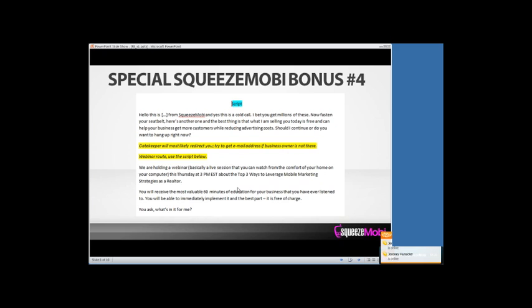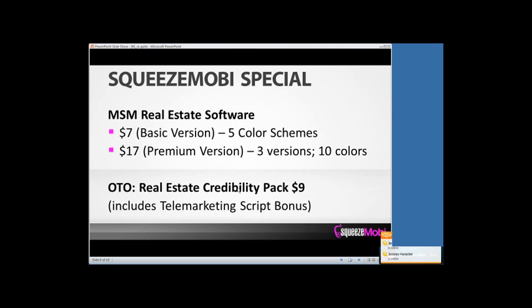All right? So that is the entire Squeezemobi special package. And just so you know the pricing, the basic version of this software, which includes 5 color schemes, is just $7. The premium version is $17. That includes 3 versions.